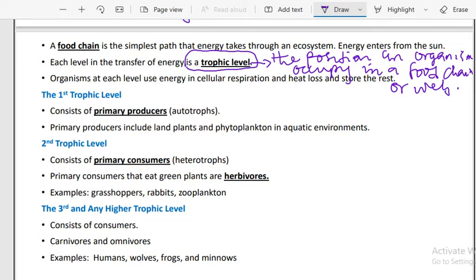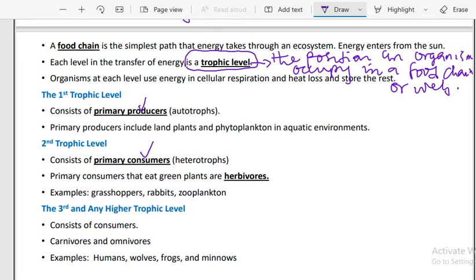Each level is the transfer of energy, just like what the individual arrows represent. So the first trophic level is usually the producer, the second trophic level is usually the primary consumer, and the third and fourth trophic levels are usually the secondary, tertiary and quaternary consumers.